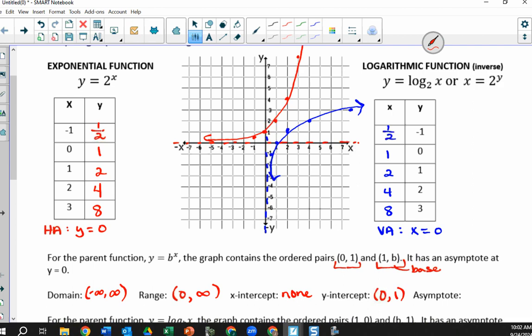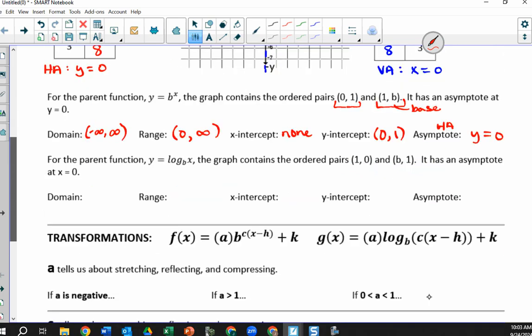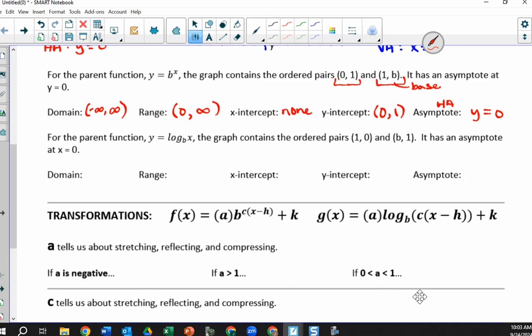Okay, and your asymptote, we said with exponential, you always have a horizontal asymptote, and it is at y equals 0. So that's the information you're starting with every time you begin an exponential graph. And then if there's a shift, a stretch, a reflection, those sort of things, you'll have to deal with them. Is it possible for that to have a vertical asymptote? Nope. It would no longer be an exponential function.